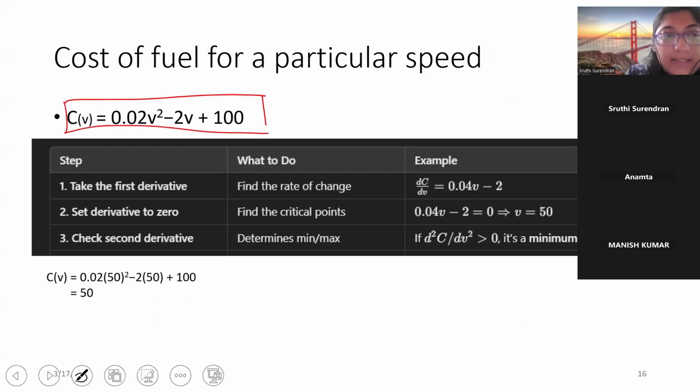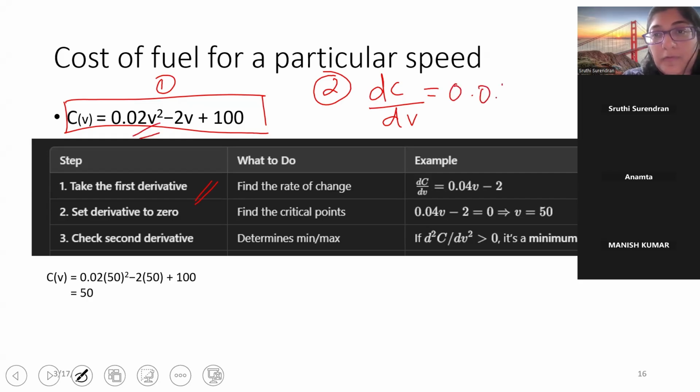Second step is finding the first derivative, which is nothing but dC by dV. You will find the derivative of C with respect to V. If you know differentiation, when you differentiate this equation, it will become 0.04V minus 2. That is what you get here.